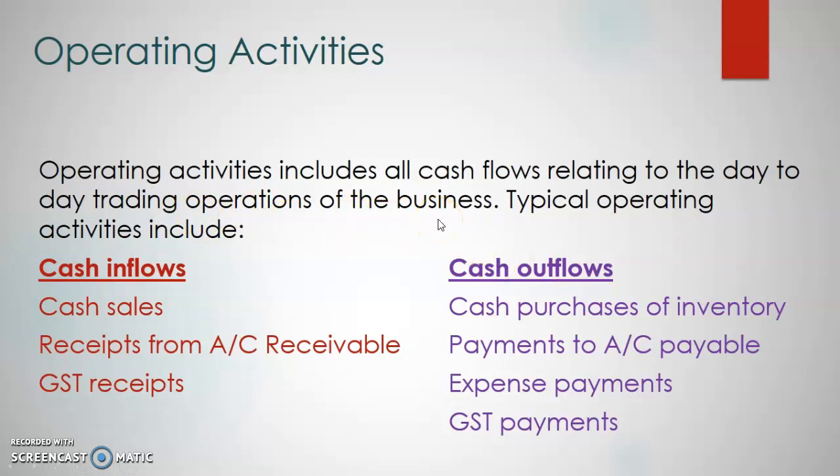Some of these activities, for example, cash inflows, will be cash sales. Now, credit sales are not a part of the cash flow statement because there is no transaction of money. We are not receiving cash for the goods we have sold. It is credit sales. When we receive the money from accounts receivable, that's when we put it in as cash inflows. Receipts from accounts receivable.